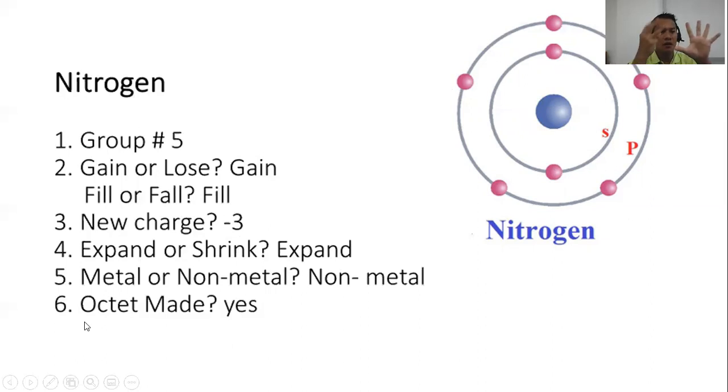Remember, octet means 8 electrons. 8 electrons for them is stability. Remember the noble gases, except helium. Helium's first energy level holds 2, but the rest have 8. They are very stable.